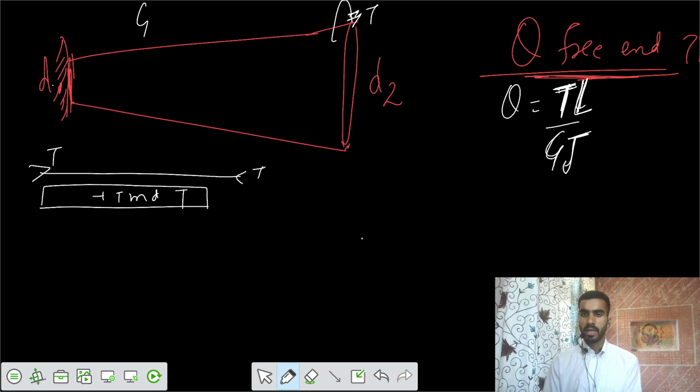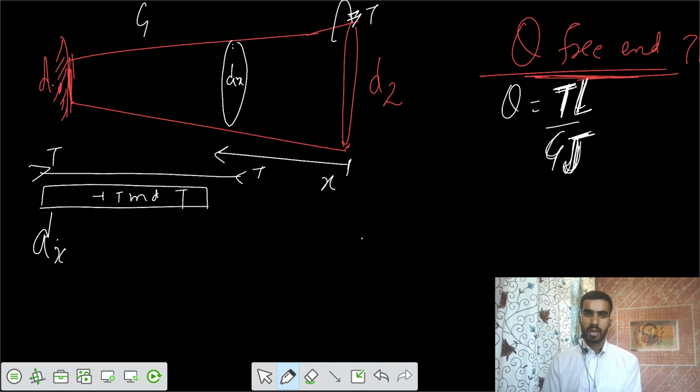Now the J at any x is a function of that x, because the diameter is varying, the section is varying, that means your J is also varying. So if you go to a particular location x from the free end and see what the diameter is there, I would say the diameter at any x equals D2 minus the variation, D2 minus D1 for length L, and I need it for length x.